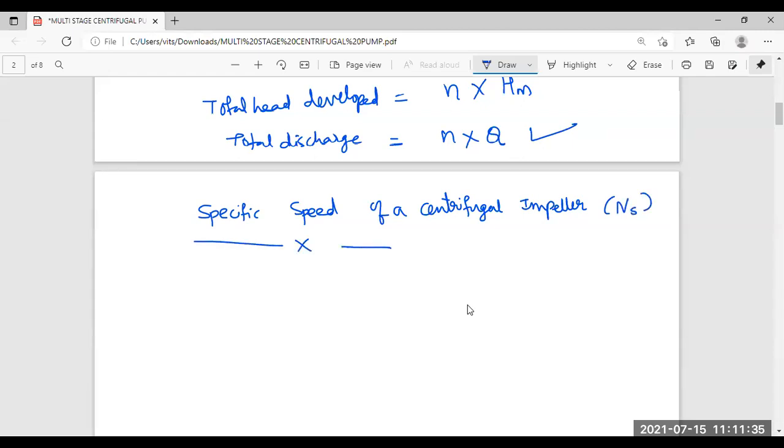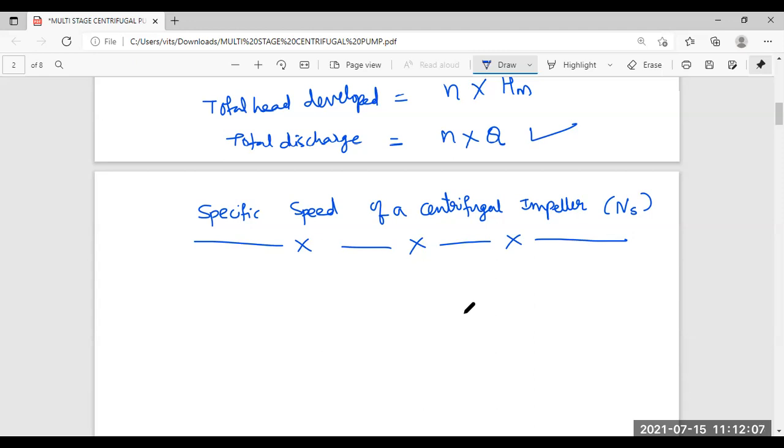This is one of the most important performance parameters for a centrifugal pump. In the last class, we discussed a few parameters: suction head, delivery head, manometric head, and some performance parameters like hydraulic efficiency, mechanical efficiency, and overall efficiency.